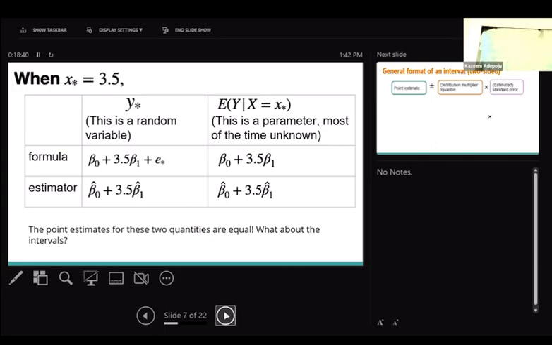The formula of the mean, the expected value of y given x, does not involve error. When I now want to use data, my sample, I'm still going to use the same formula at the end of the day. That was why we were getting 3.55, the same result. That was why I said the point estimates for these two quantities are equal. But if the point estimates are equal, what about their intervals? Let me tell you, their intervals will not be equal.